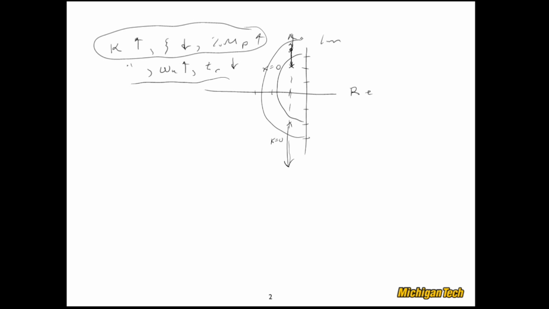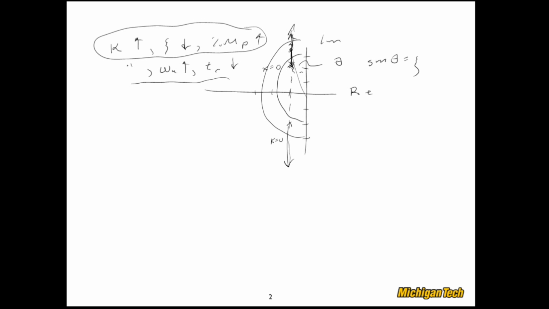The way we can see that, by the way, is that if I draw a line from any point on this root locus to the origin, this angle, I'll call it theta, is related to zeta. Sine theta is equal to zeta. And so as the pole goes up, theta gets smaller and zeta gets smaller.